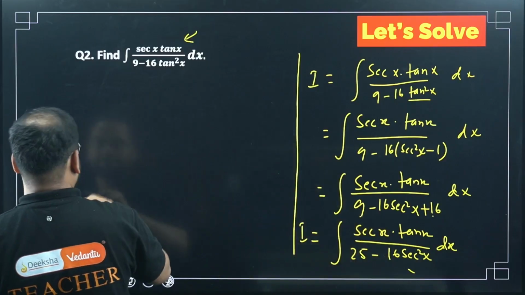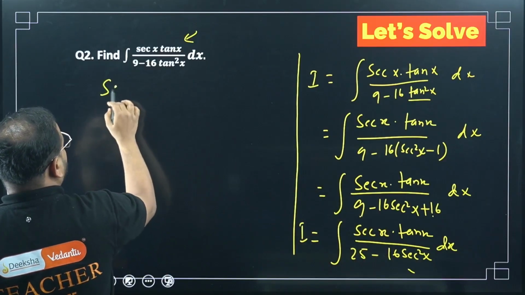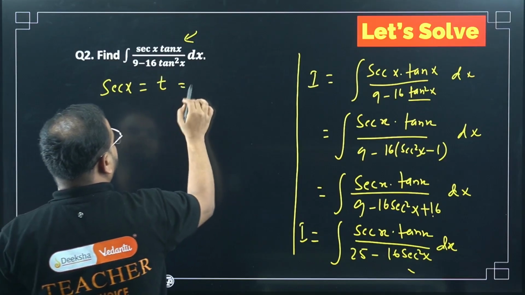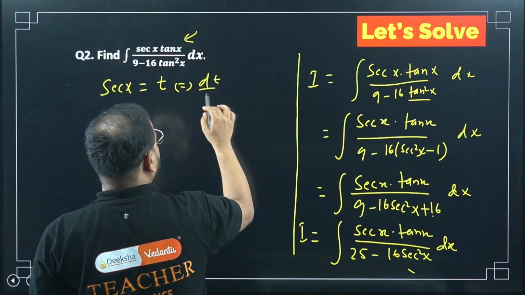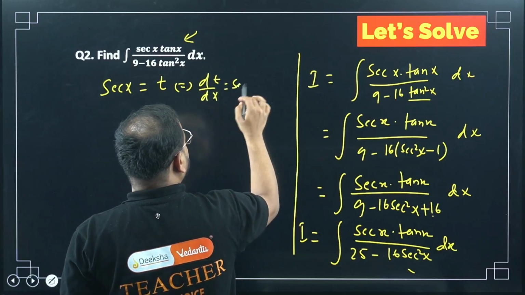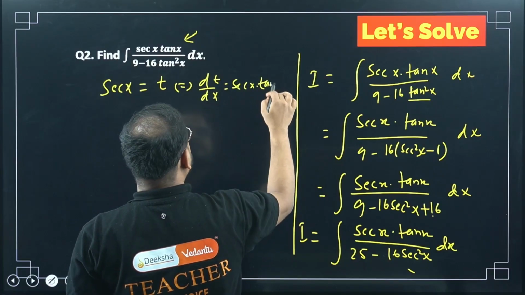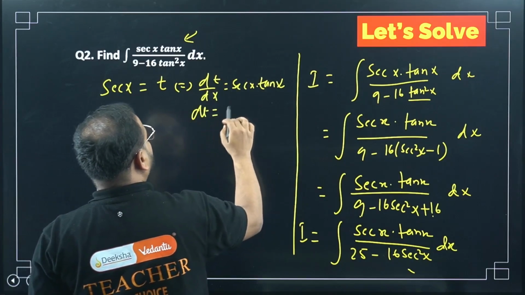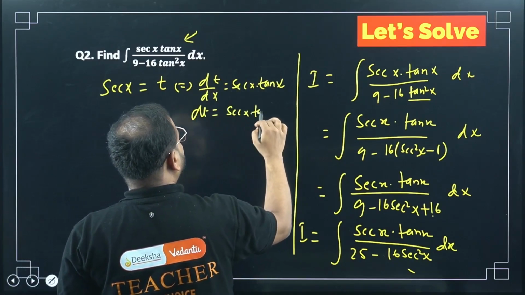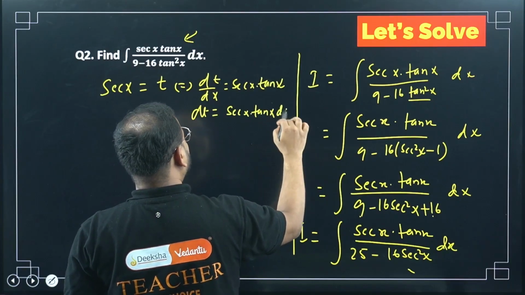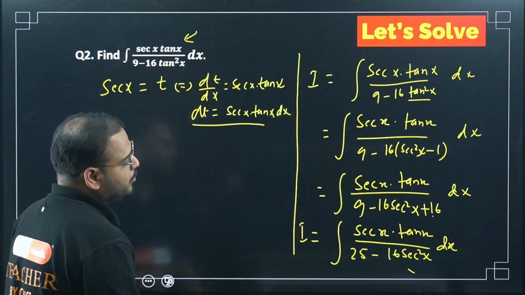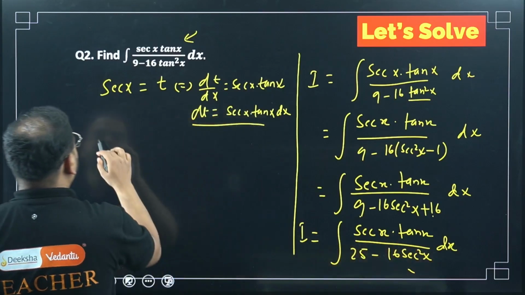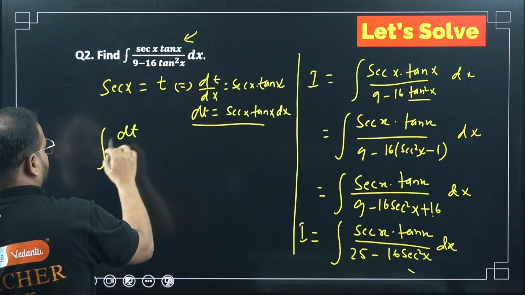So what am I going to do? Substitution, sir. Sec x equals t. Differentiate it: dt by dx equals sec x tan x. Bring that over there: dt equals sec x tan x dx. So sec x tan x dx will become dt.